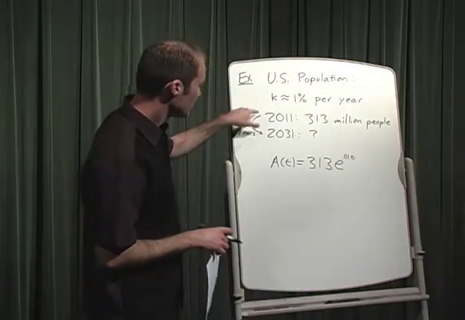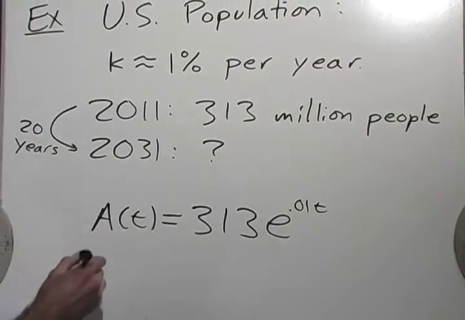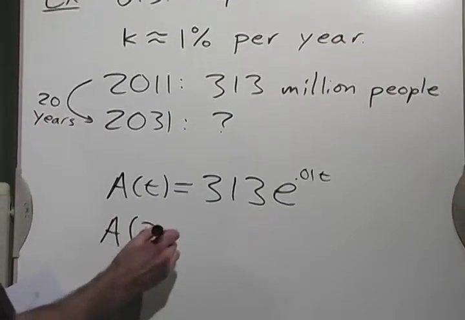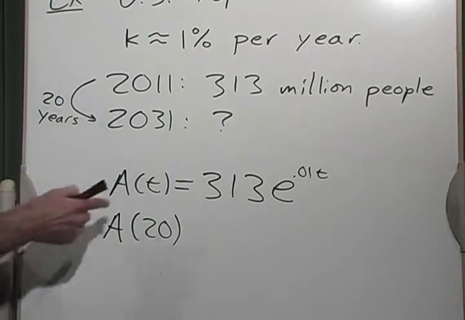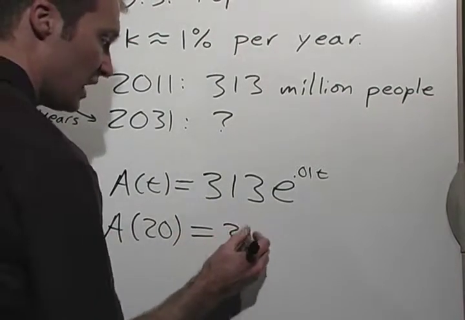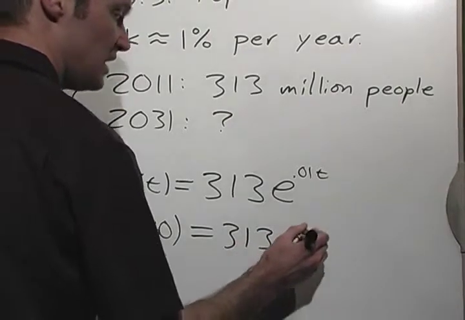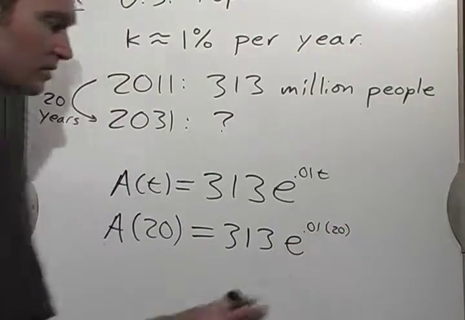Well, since this is 20 years later, what I'm interested in here is A of 20, the population 20 years after I started. So this is going to be 313 times e to the 0.01 times 20.